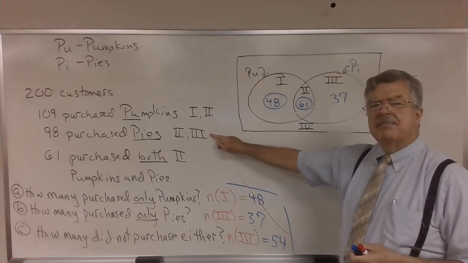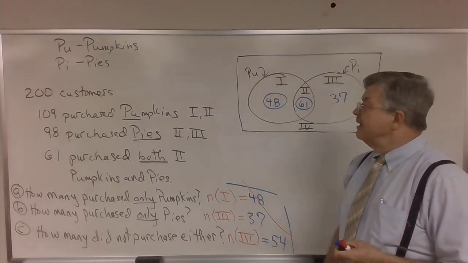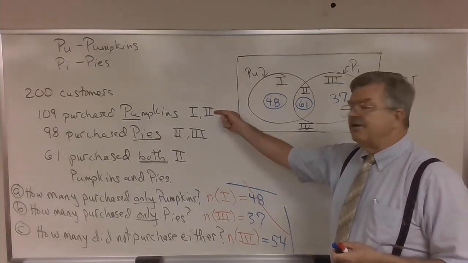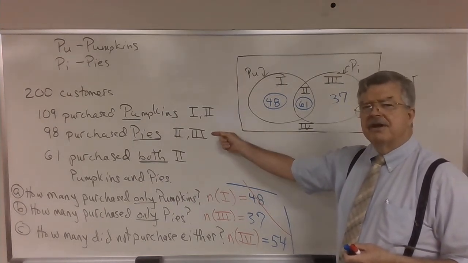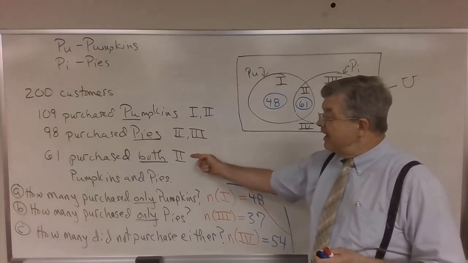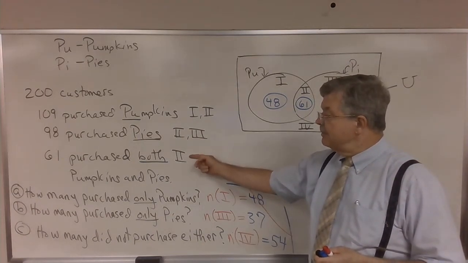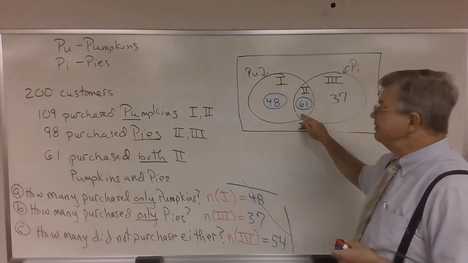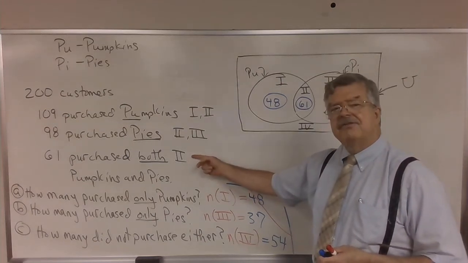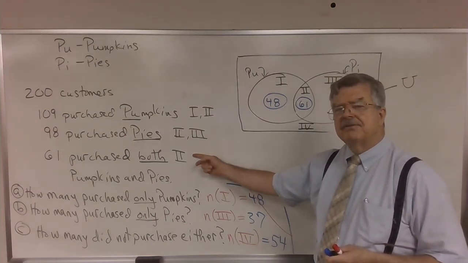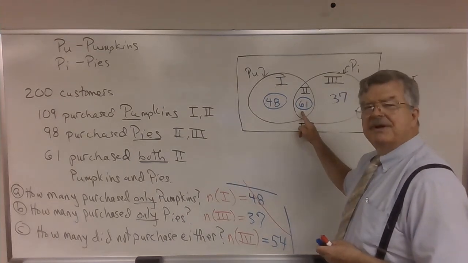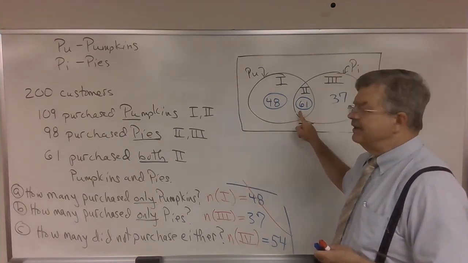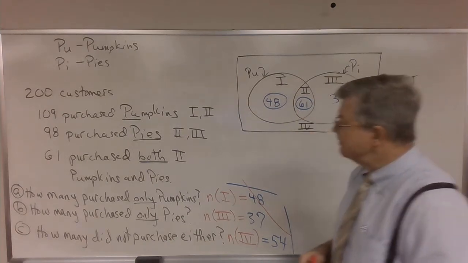It told us how many people were in both. So, by itself, this told us nothing. By itself, this told us nothing. But this, 61 purchased both. That's region 2. This piece of information told us how many people were in one of these disjoint regions, one of these regions that didn't overlap with anything else.